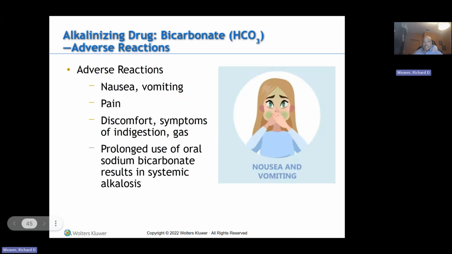In some instances, excessive oral use of bicarbonate may cause the nausea and vomiting, as I mentioned. Some individuals use baking soda to relieve GI disturbances such as pain and discomfort, symptoms of indigestion and gas. When they use it for too long, their blood becomes more base, and that's not good.